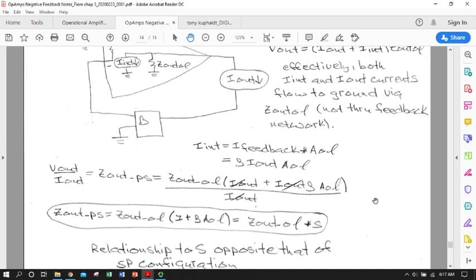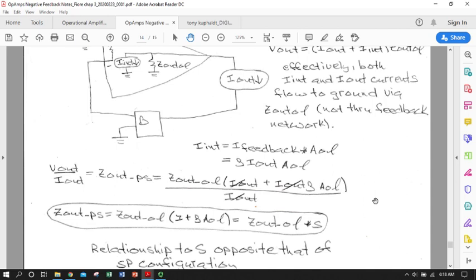So the effect of our negative feedback network on our closed loop impedances depends on the configuration of the network. We can raise or lower the input or output impedances by our sacrifice factor depending on how we've hooked up the feedback network. If we hook it up as parallel series, we're going to reduce the input impedance, raise the output impedance.